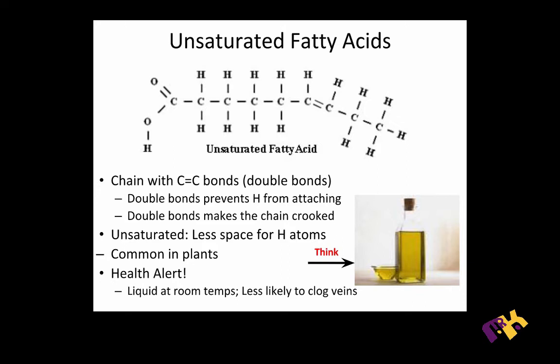But because we do not have hydrogens at every spot, because we have a double bond here, that makes it unsaturated. They are usually liquid at room temp, usually. So think oils, like your olive oil or sunflower oil or canola oil would all be those containing unsaturated fats.